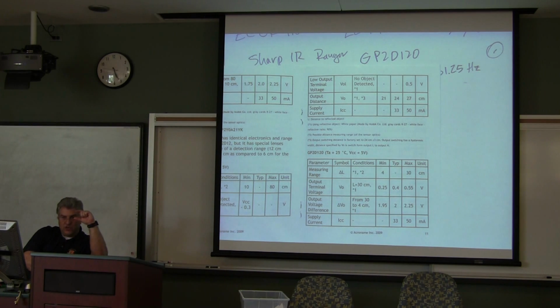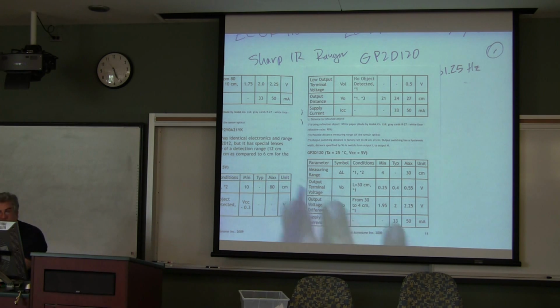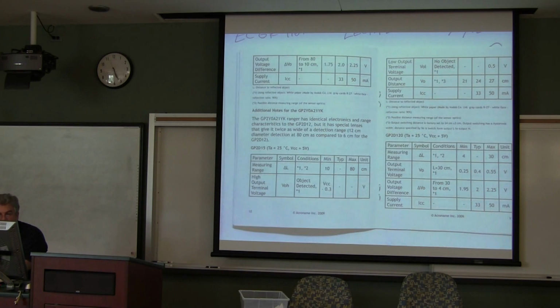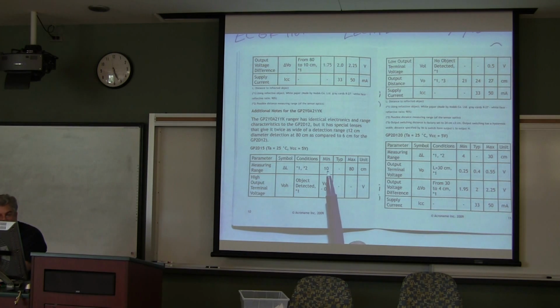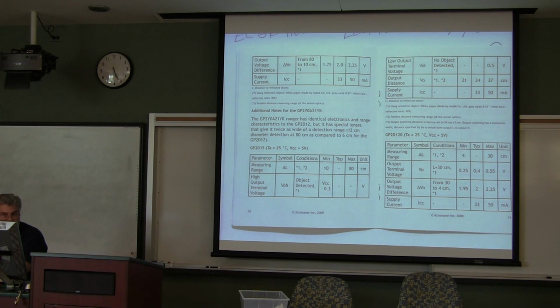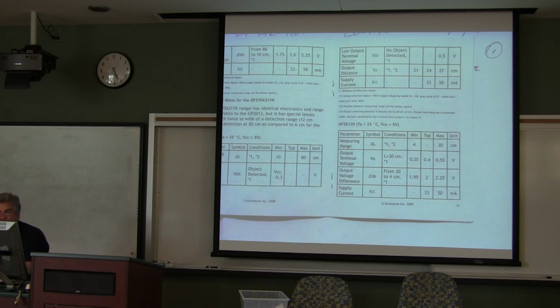So obviously, if you're going to use it, it has to be more than an inch off the ground to be worthwhile. And that's better than some of these other ones. If you look at this one right here, its minimum is 10 centimeters. So using it as something to reflect off the ground, it might be a little bit better.